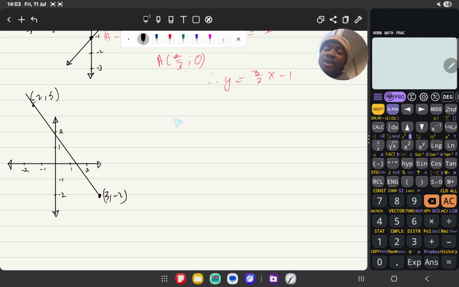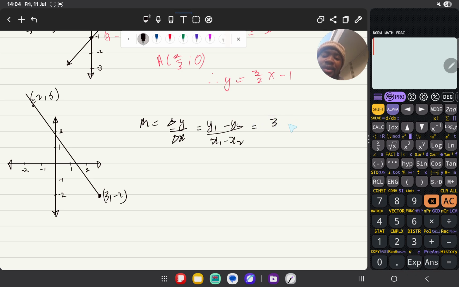So now I will do it the traditional way. Say m is equal to changing y over changing x. Changing y is y1 minus y2, over x1 minus x2.